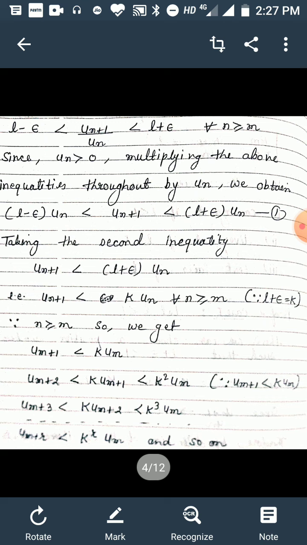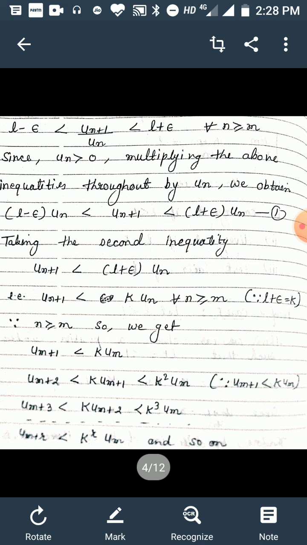Now since un is a series of positive terms, un is greater than 0. Multiplying the above inequality throughout by un, we obtain (L minus epsilon) un is less than un plus 1 is less than (L plus epsilon) un. Take it as equation 1.